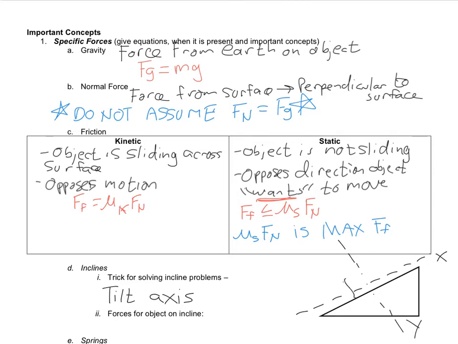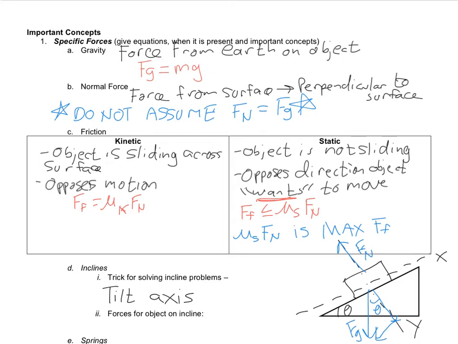So if we imagined an object on that axis, the forces we would have acting on it, we would have gravity going straight down, as always, and our normal force going perpendicular to our surface. And there could be other forces, but these two will definitely always be there. And the key thing we're going to do here is break that force of gravity into its x and y components.